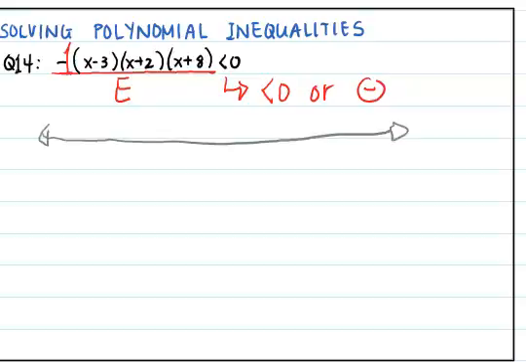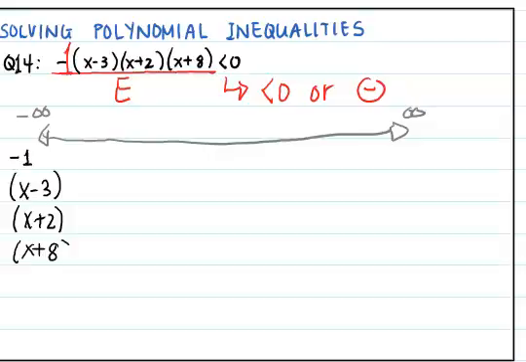That will help me do the sign table, negative infinity to positive infinity. I'm going to use a row for each one of my factors. My factors are negative 1, x minus 3, x plus 2, and x plus 8.